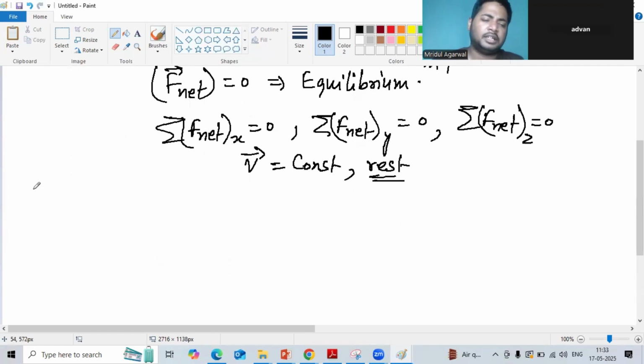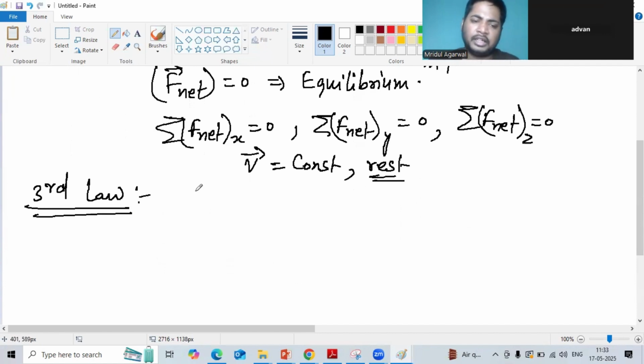Then we have the third law. What is the third law? The third law states that if you talk about the net force on a body, it also includes the internal forces.